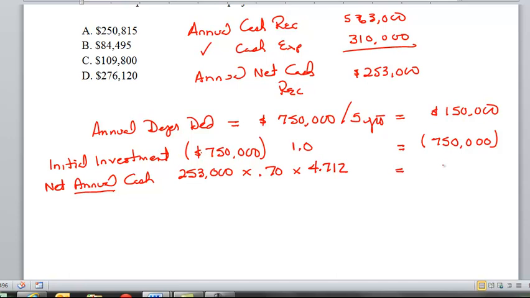When we multiply that out, that gives us $834,495.